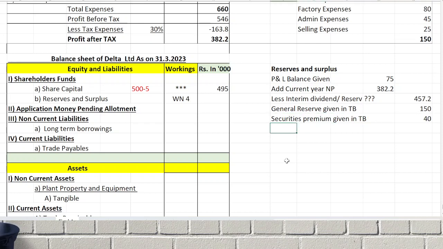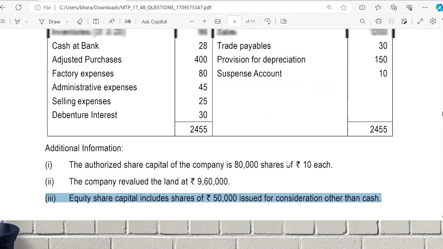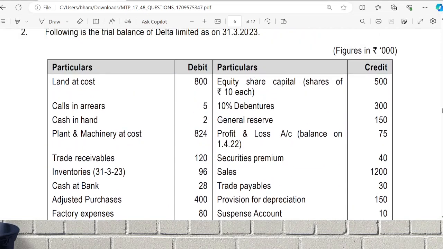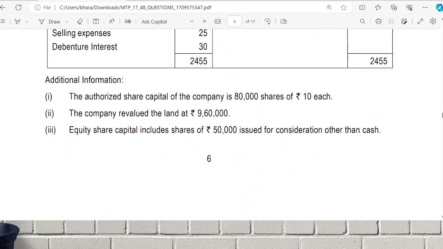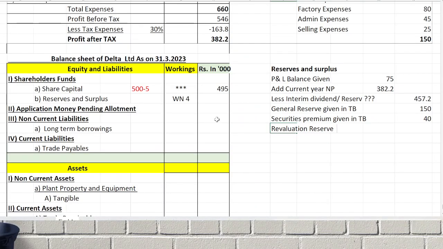Then revaluation reserve. Fixed assets: from how much to how much is it revalued? Land 800. We are revaluing it to 960. From 800 to 960 we are revaluing. That 160 will come. Anything else? That's it.